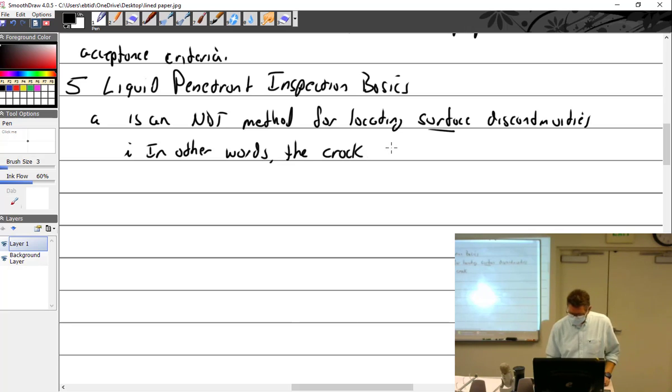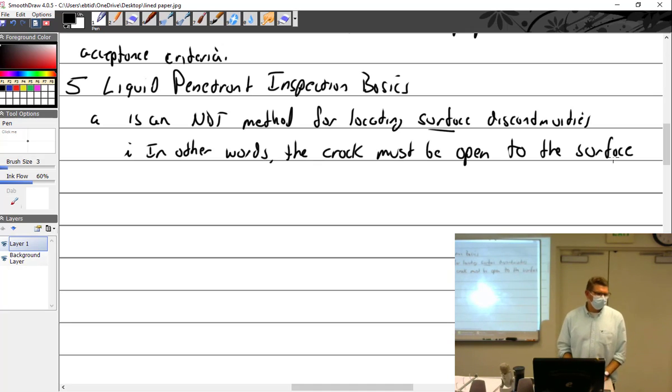The crack, using colloquial words, must be open to the surface. If the crack is subsurface or sealed over, this isn't going to work. You are not going to get an indication.